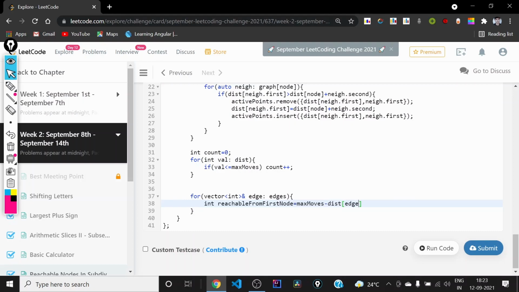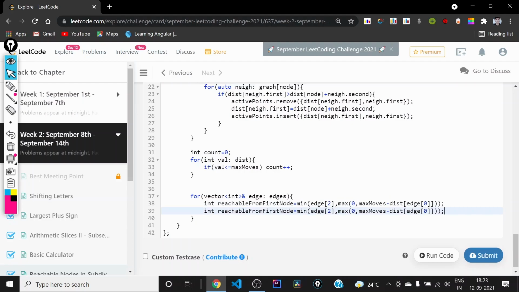The first node is S0, and then we need to take maximum with 0 so that this quantity is not negative, and after taking that we can take minimum with the number of nodes present between the edges, so that is S2. This will give us the number of nodes reachable from the first node.